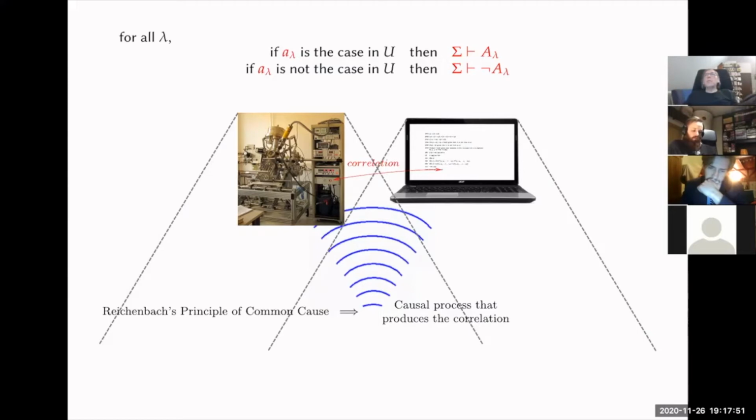whenever we observe in the physical reality such a correlation, then after a little research, we can discover a causal mechanism in the world, a causal process in the world, which produces this correlation, which explains why the two things are correlated.